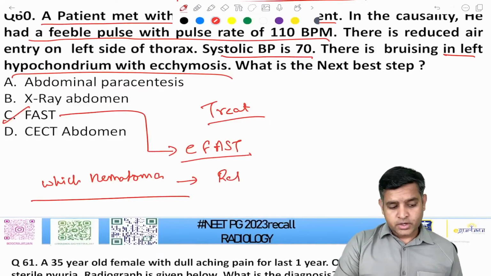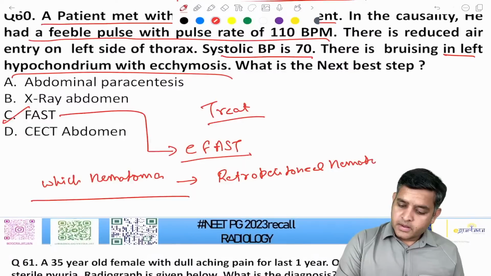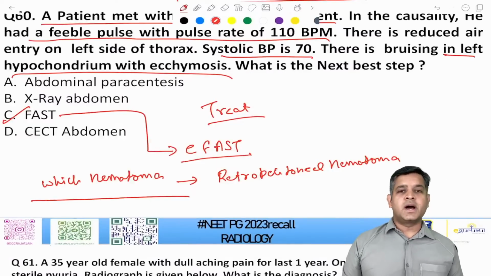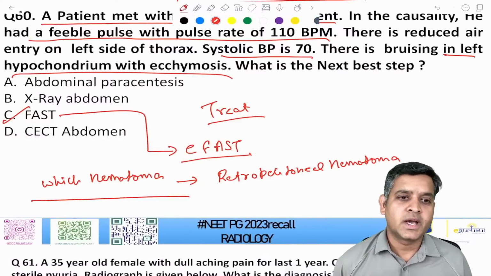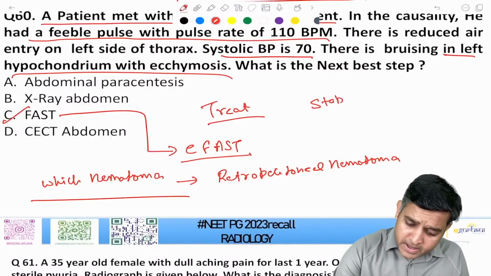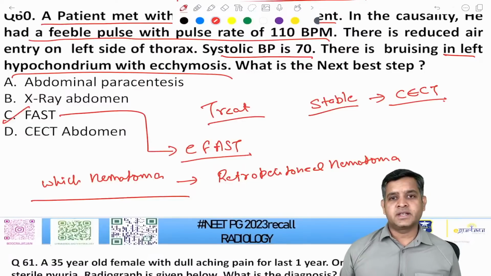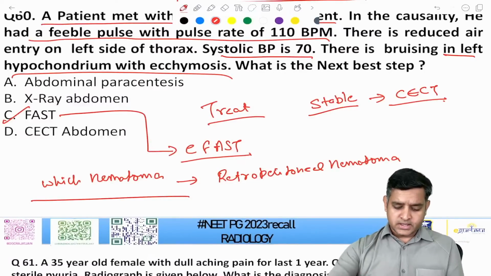Answer is retroperitoneal hematoma. Retroperitoneal hematoma will not be seen on FAST because the retroperitoneum is not very well seen on FAST. If the patient would have been stable, then the preferred investigation would have been CECT in this case, right?